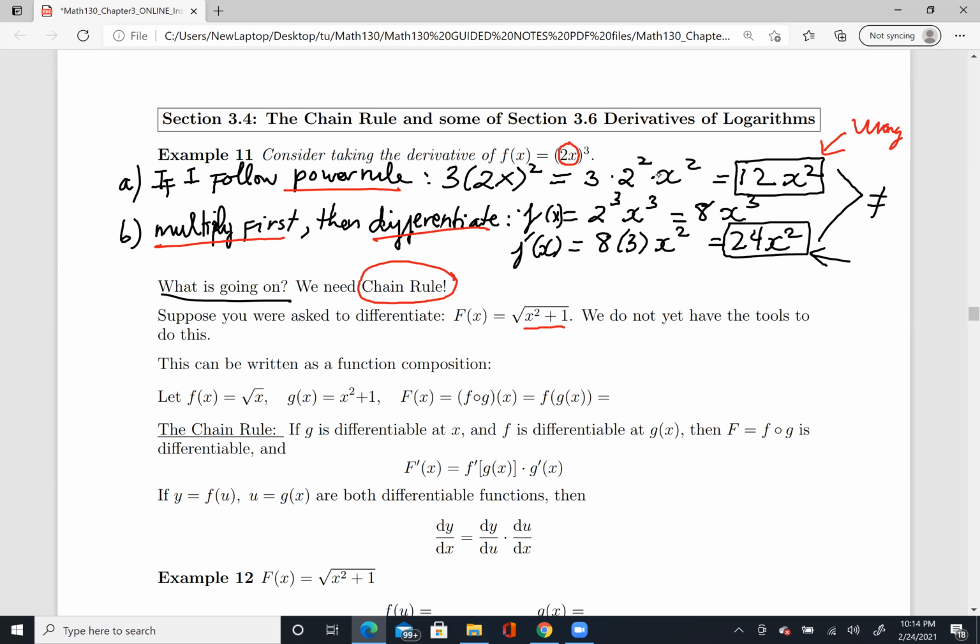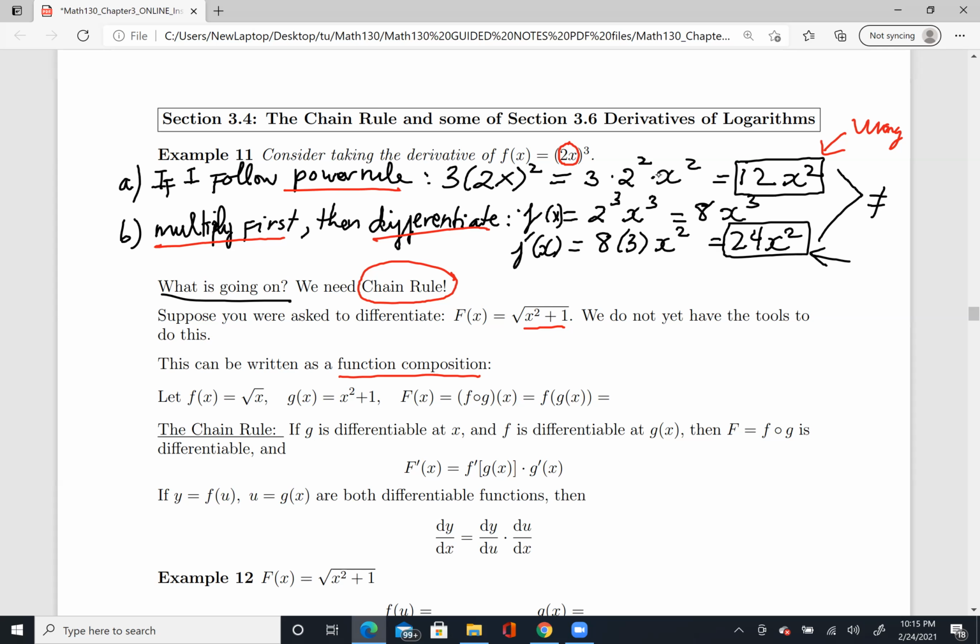Let's come back to function composition. We can write this function as a function composition, such as let f of x equal to the square root of x, and g of x equal to x squared plus 1.